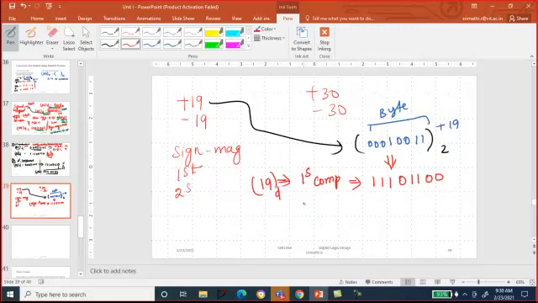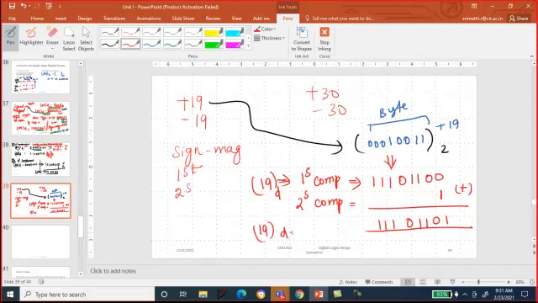And 2's complement is nothing but, after getting the 1's complement, adding 1. That gives 11101101. This is the 2's complement of 19 decimal.